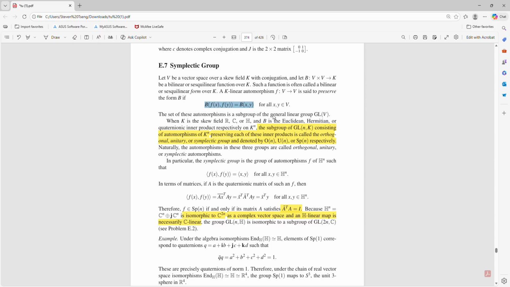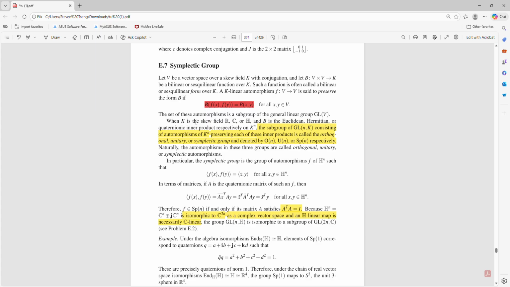It is important, I mark it with red. And the set of these automorphisms is a subgroup of the general linear group we talked about above.